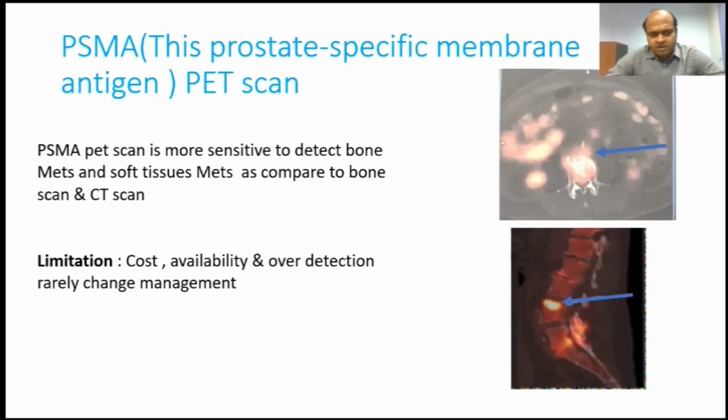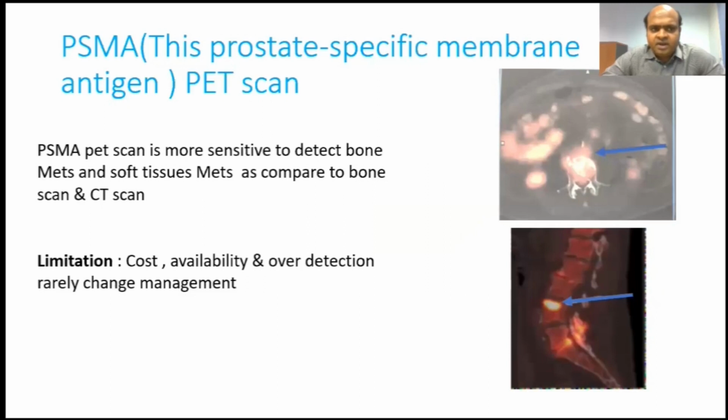But the main advantage of PSMA PET scan is that it is a single investigation by which you can survey the whole body to find out whether any metastasis is present or not.